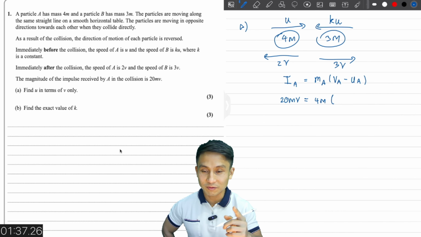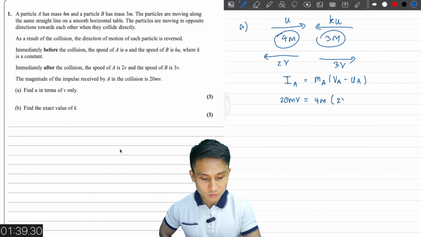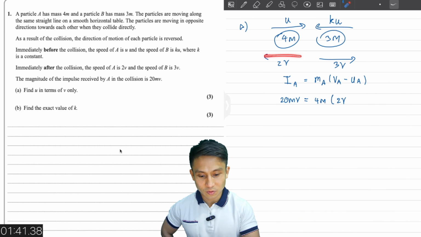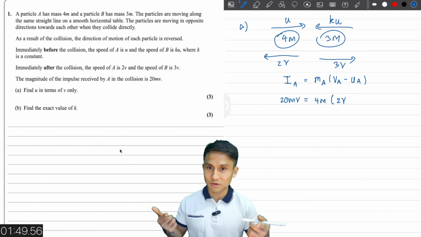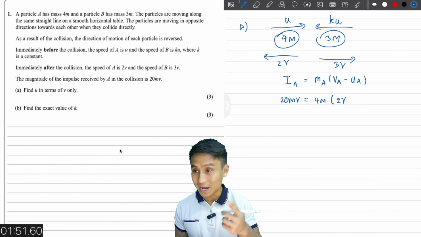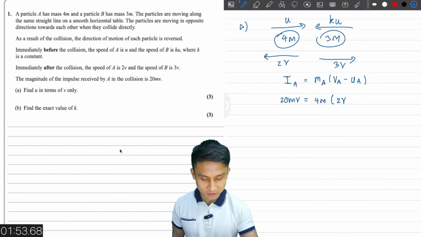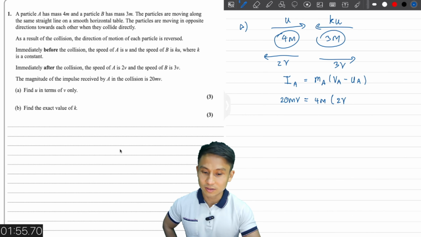The speed of A after the collision is 2v. Because it's going in the opposite direction, this will be plus instead. If they went in the same direction, it would have been minus, but they go in opposite directions here, u and 2v. So u_A here would be just u.